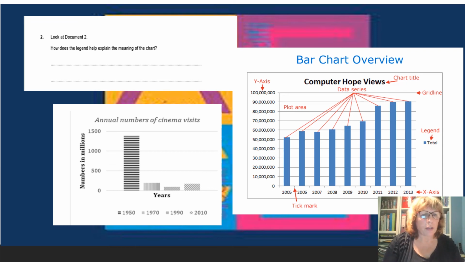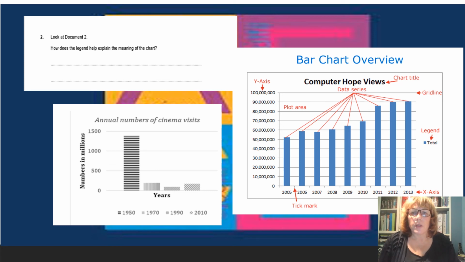And you have the information there about the years, what are the years showing, the annual number of cinema visits in millions, and you can say something if you want to historically about what's happening there. Any explanation that you give, as long as it involves all of the key points of that legend, will work for you.